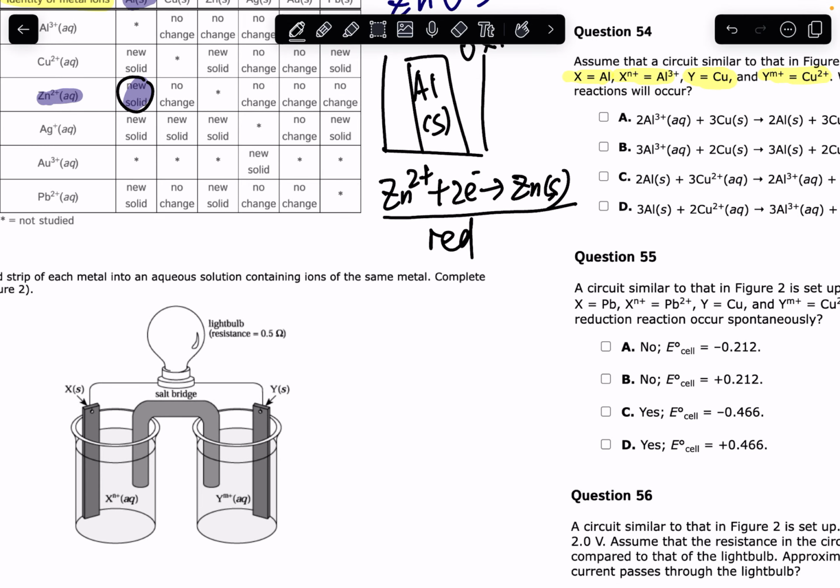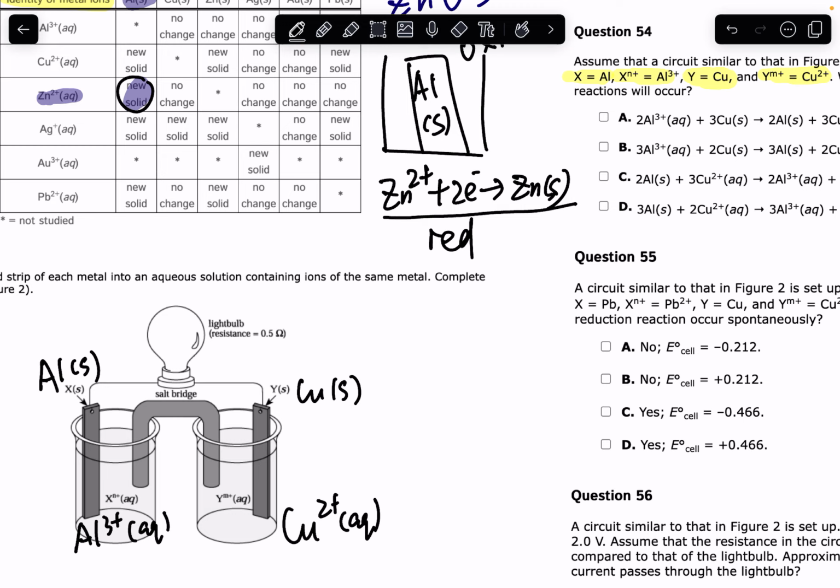So the question says X is Al solid, right? And this ion is Al 3 plus aq. That's what the question tells me. And what about Y? Y is the Cu solid, and the Y ion is the Cu2 plus aq. That's what the question told me.